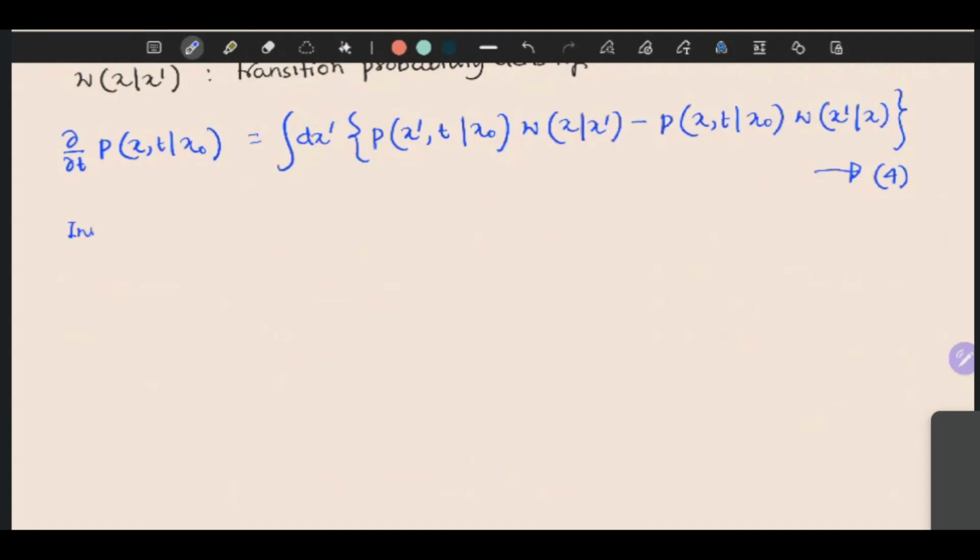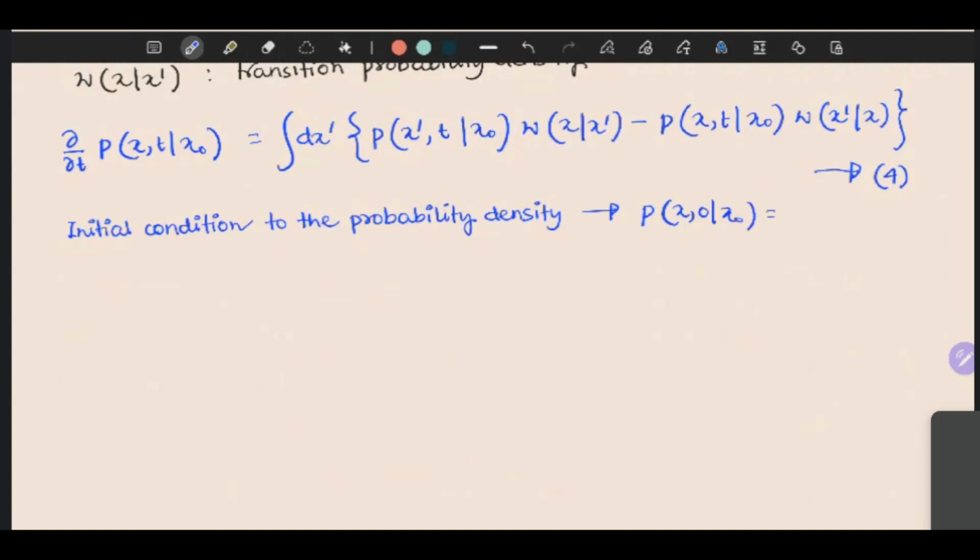The initial condition will be p of x, 0 given x naught is the delta function, x minus x naught. Okay, so that we have to solve.